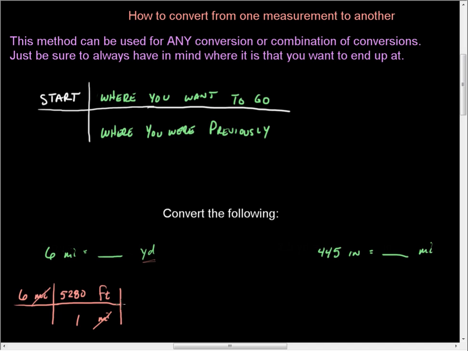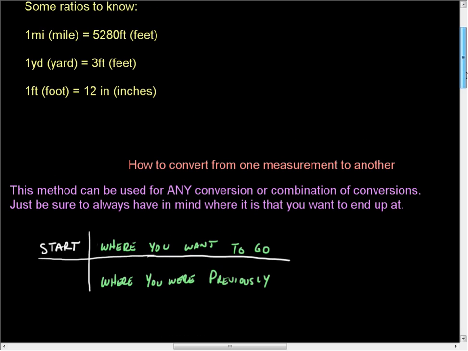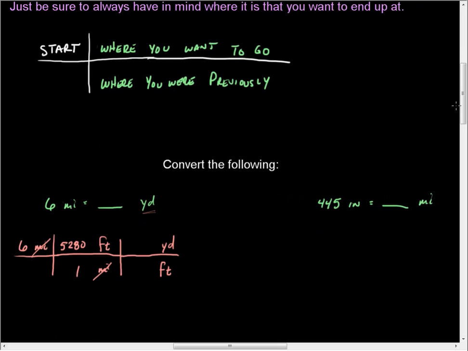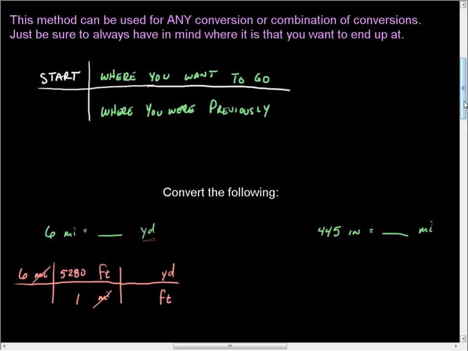And so I'm going to continue with a second conversion here, and I know that I'm in feet. That's where I was. I want to be in yards, and I can go from feet to yards. I can go from 3 feet to 1 yard. So, unlike my previous examples, I have 3 feet here on the bottom, and I have 1 yard up top.